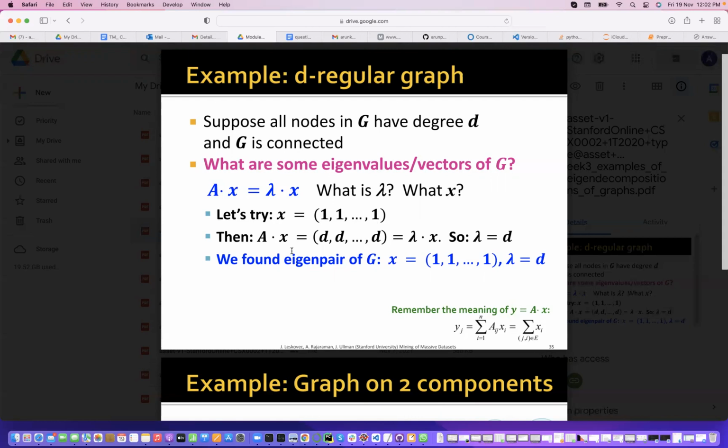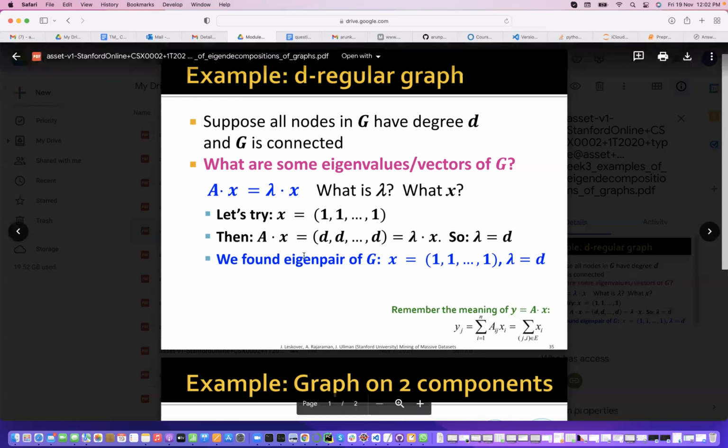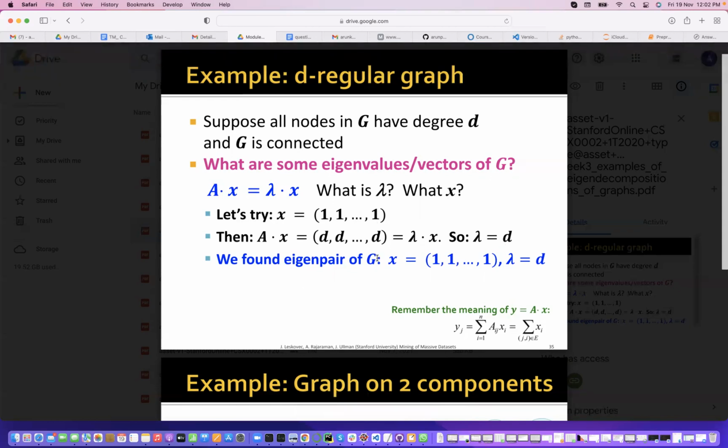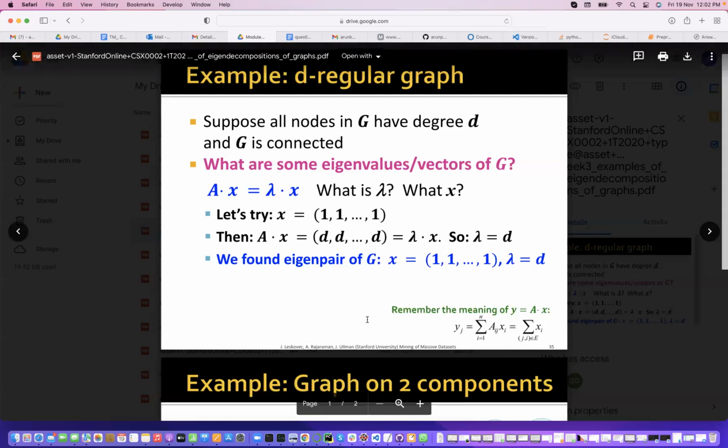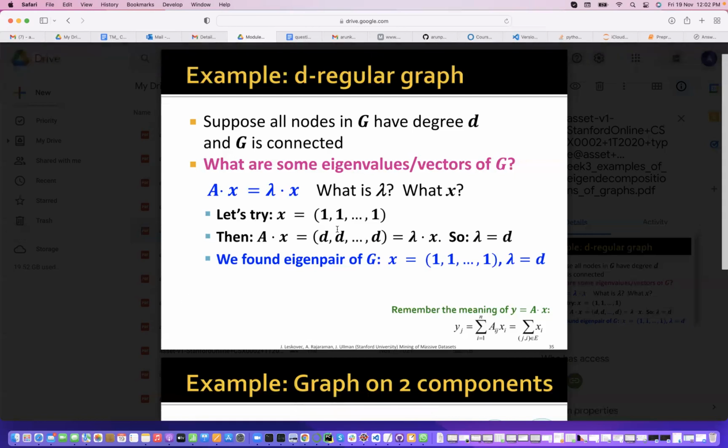So here he is taking simply all x values as 1. If you take all x values as 1, then Ax equals lambda x, so lambda equals D. We found an eigenpair of G: x equal to all ones and lambda equal to D. This you will get provided your matrix is also all ones, which means a strongly connected graph.